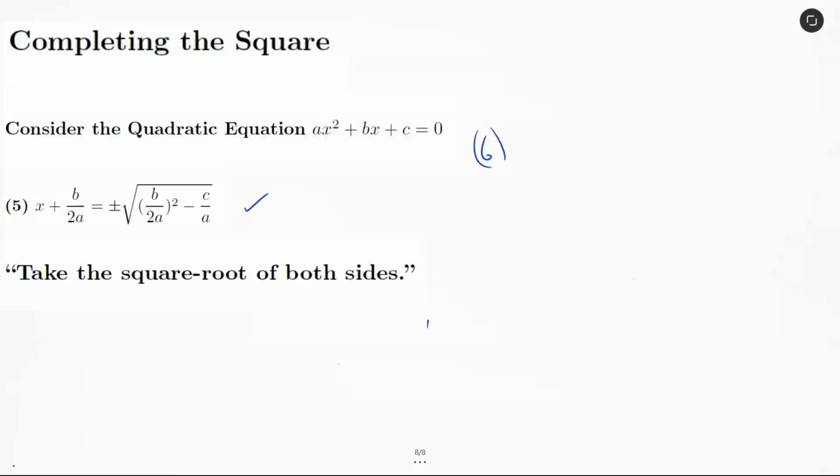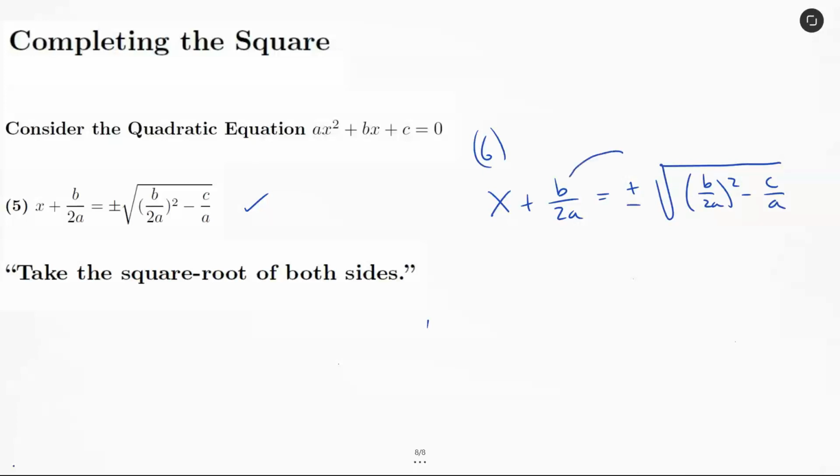Step 6, the final step. We're going to solve for x by moving b over 2a from the left side to the right side, making the term negative. Remember, when you cross the equal sign for addition and subtraction, you just change the sign. That's all you do. So this is our original equation 5. Take your time.